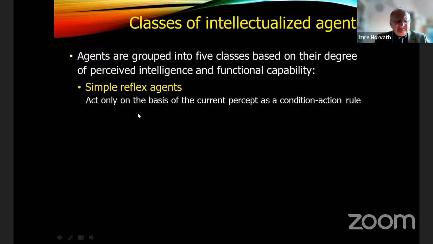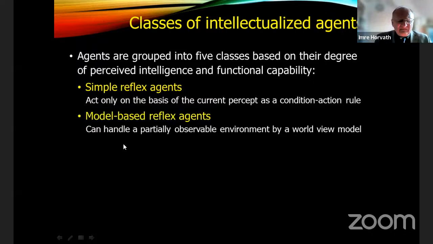For instance, a simple reflex agent acts only on the basis of the current percept as a condition action rule. The model-based reflex agent can handle a partially observable environment by a world view model. So this model completes the incomplete observation of the environment or incorrect observation of the environment.